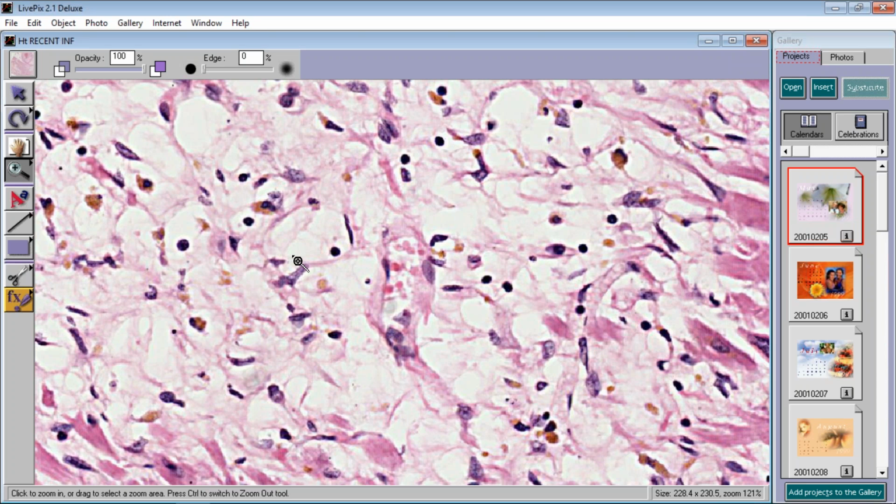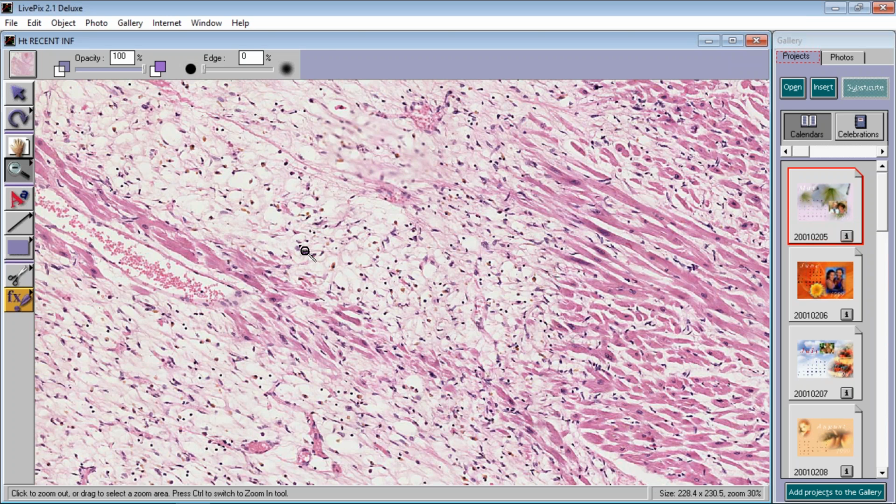Now, the reason why I'm showing this is because when you look at the texture of this granulation tissue and you compare it to the texture of the thick muscle fibers, it's not nearly as strong. So an organizing infarct represents the stage in the life of an infarct where the wall could rupture.